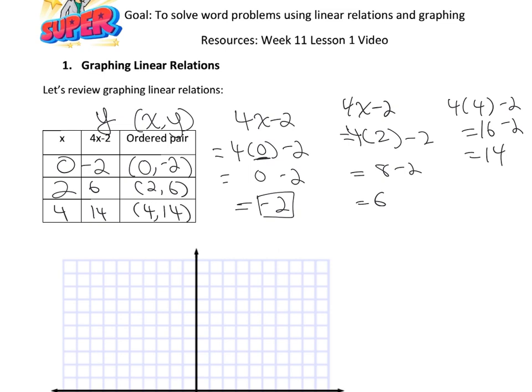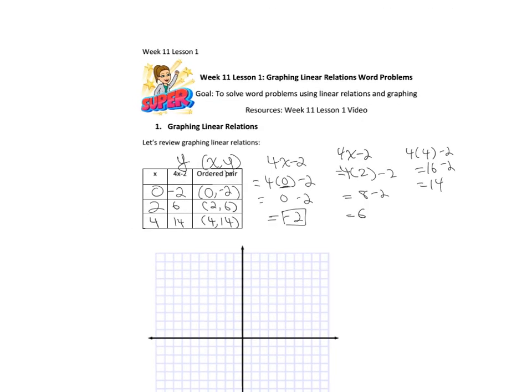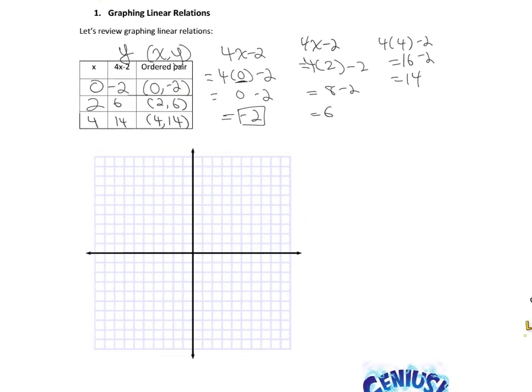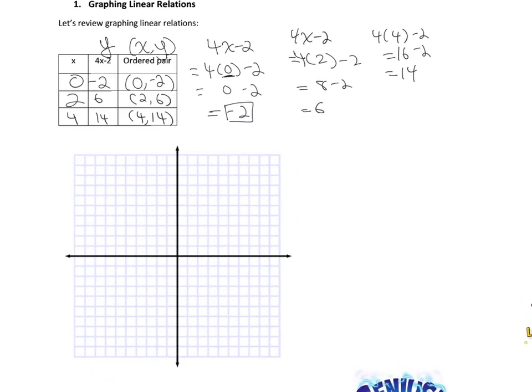Now we're going to graph our ordered pairs on our graph. Some of you have said that the graph is not big enough for us to graph the relations, but it's up to you how you make the axes. If I go up by 1 on the y, I go 1, 2, 3, 4, 5, 6, 7, 8, 9, 10.